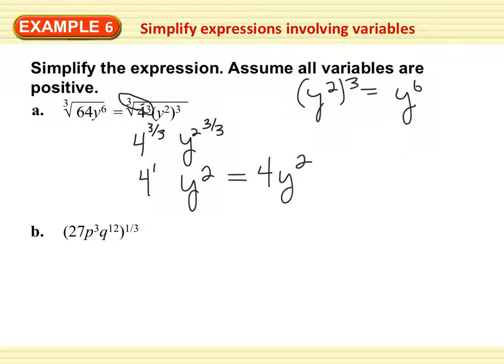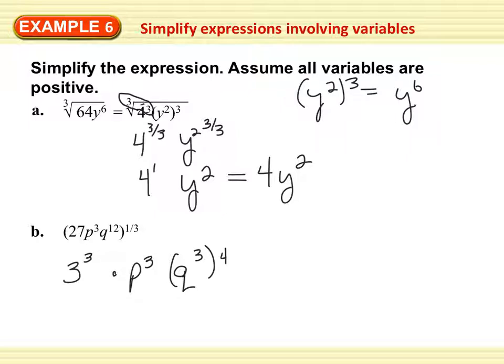Okay, next one is very similar. 27 p to the third power q to the 12th power. I have 3 to the third power, p to the third power, and q to the 4th power. Nope, that's backwards.